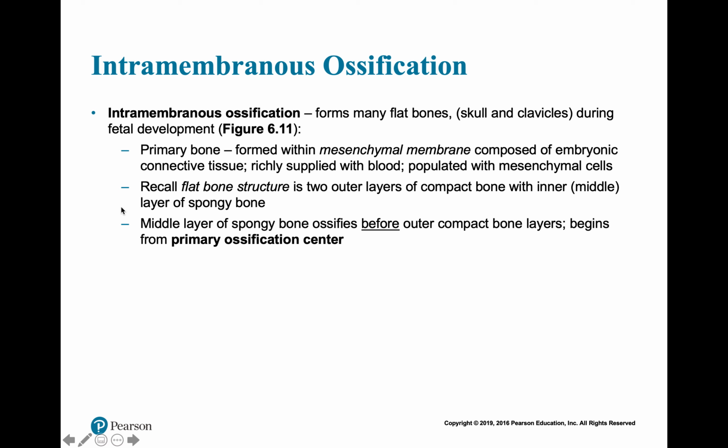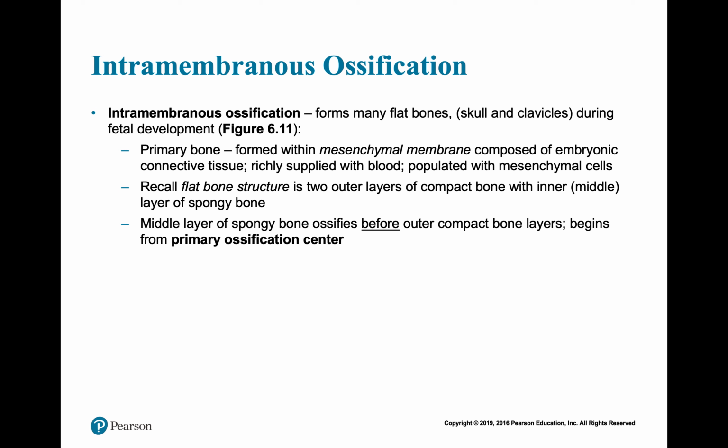Okay, so we're going to talk about intramembranous ossification first, and a key here is to remember what those flat bones of the skull look like. It's kind of like a bone sandwich in that you have the periosteum on the outer side. Remember, periosteum always wraps around the bone tissue. We have our compact bone, which is kind of like the bread of the sandwich. Your book uses this analogy.